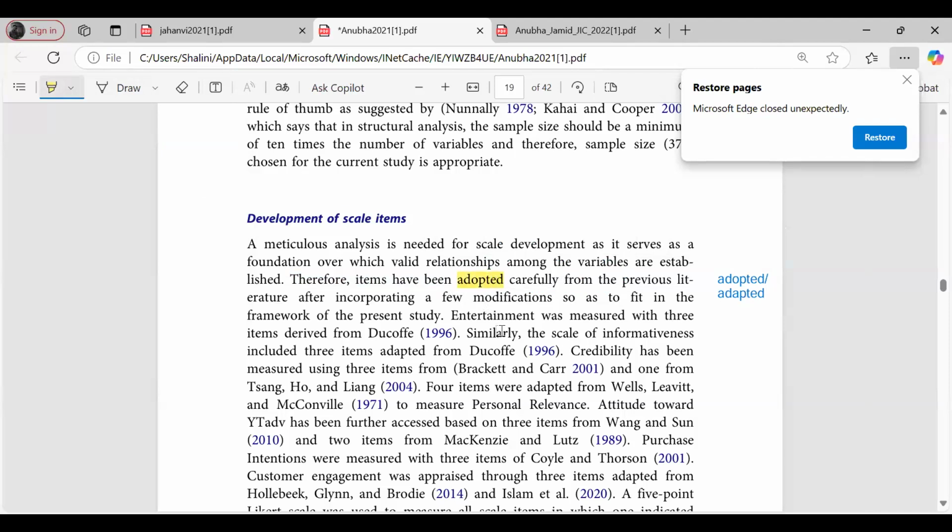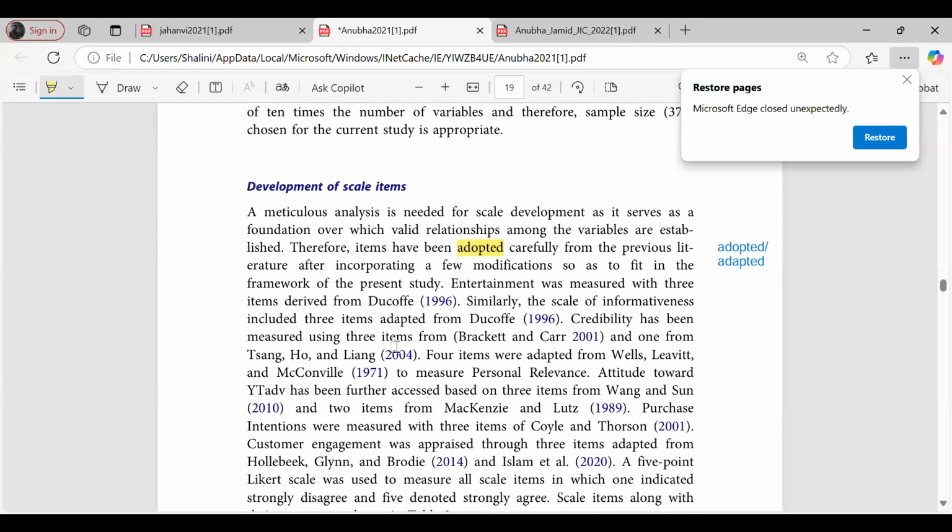When the items are taken as it is from the previous literature, then you call it an adopted scale. And when you make a few changes to it, then it is known as adapted. So the author is saying the items have been adopted carefully. That means the items have been picked from the previous literature after incorporating a few modifications so as to fit into the framework of the present study.